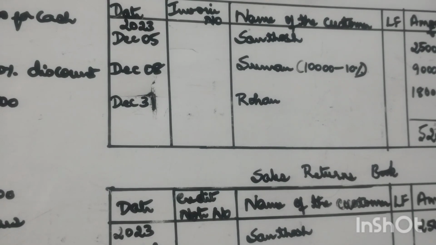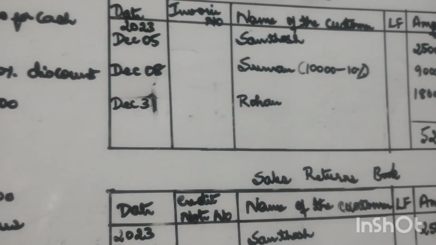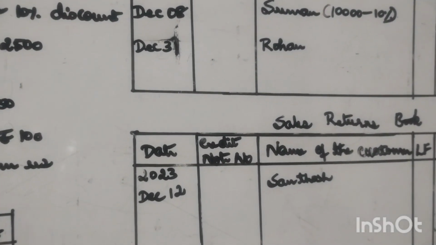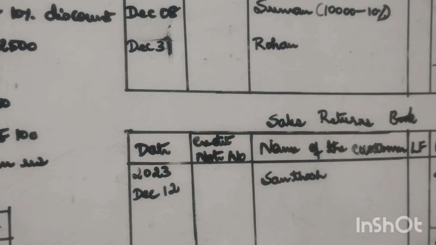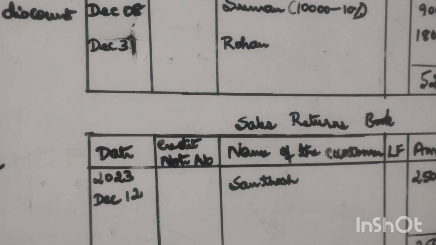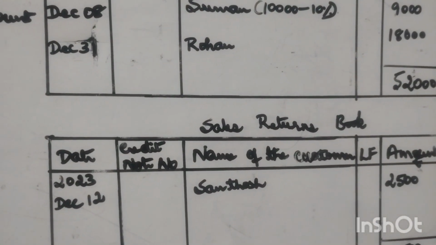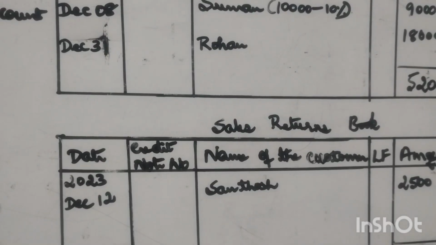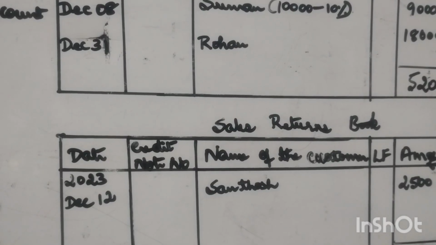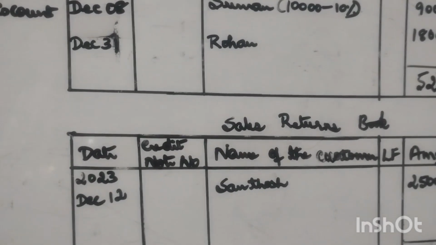December 12th, goods returned by Santosh. So Santosh is a customer who returned goods, so it has to be recorded in sales returns book. December 12th, record as Santosh, worth rupees 2,500. December 15, returned goods to Sunil.